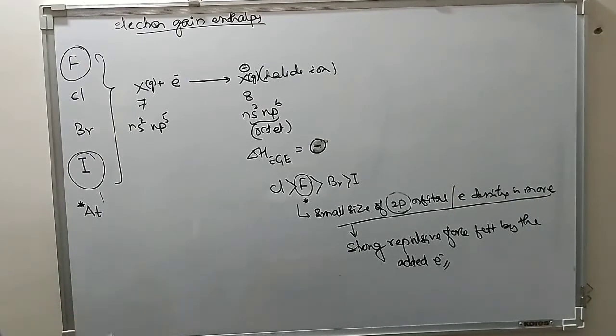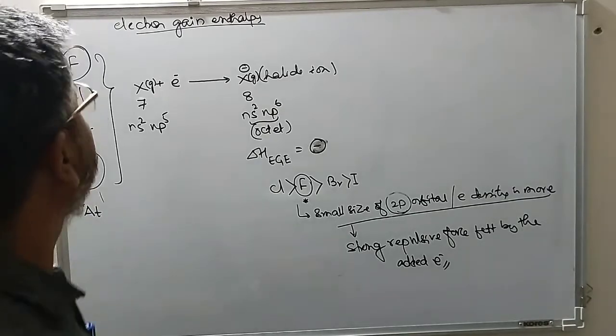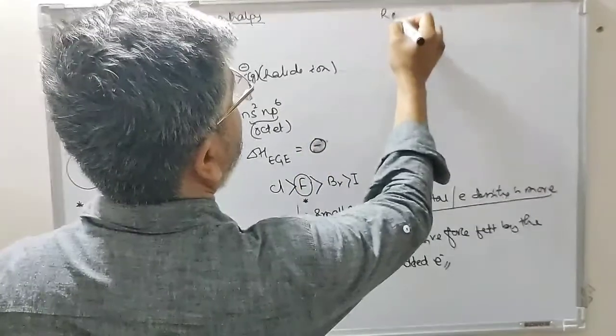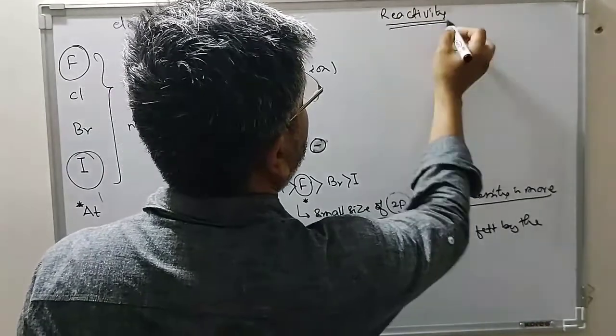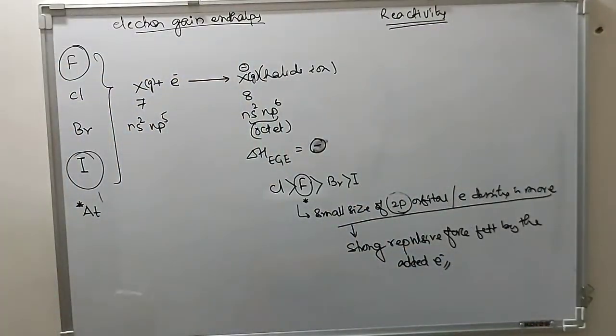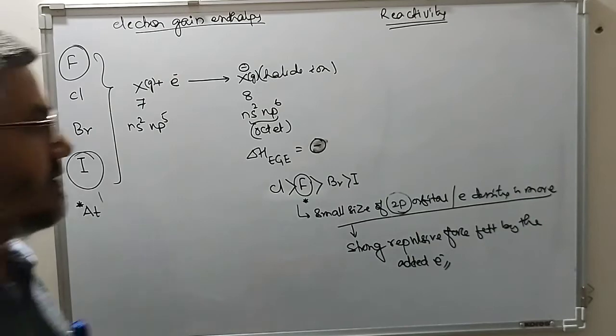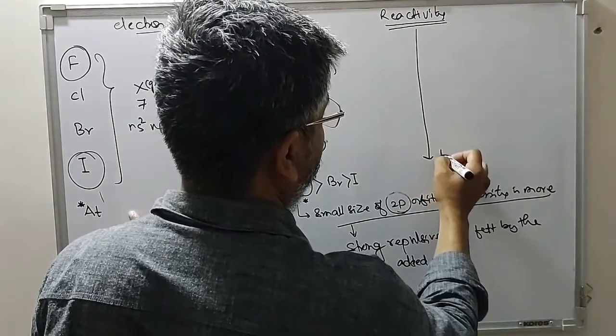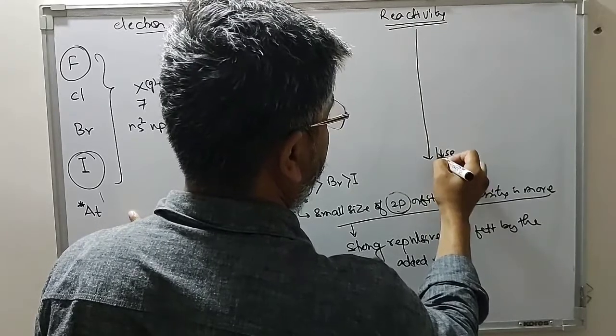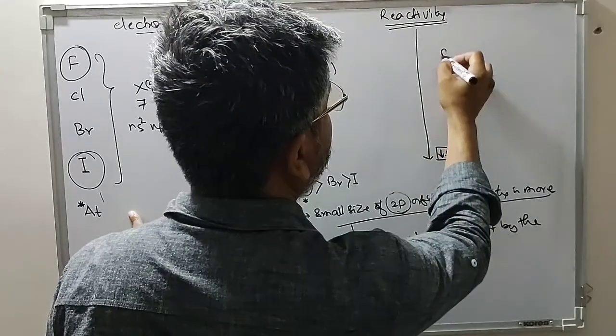Now coming to the reactivity of these elements. Moving from fluorine to iodine, the reactivity of halogens decreases. So fluorine is the most reactive.